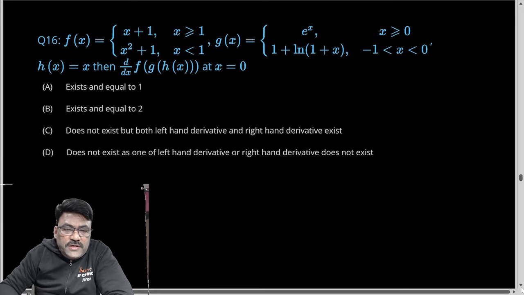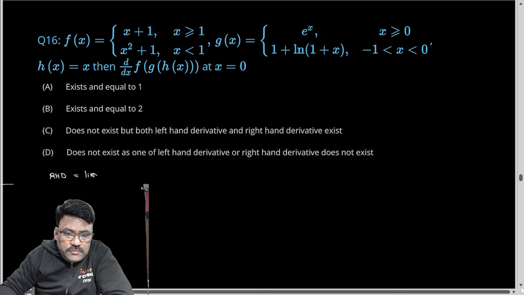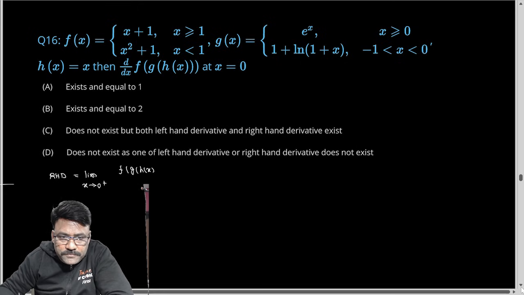So let's check the right hand derivative first at x is equal to 0. So it is limit x approaching 0 plus f of g of h of x minus f of g of h of 0, since you are checking at 0, divided by x minus 0.